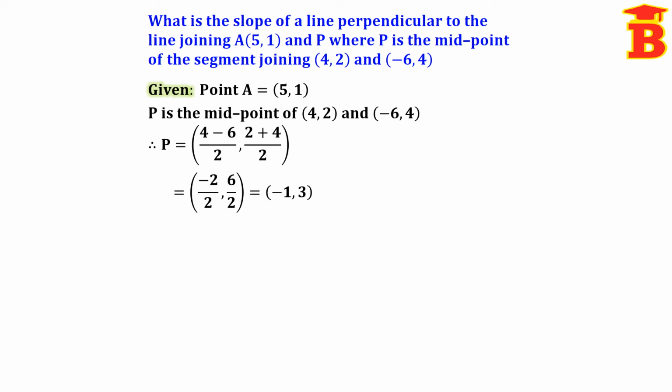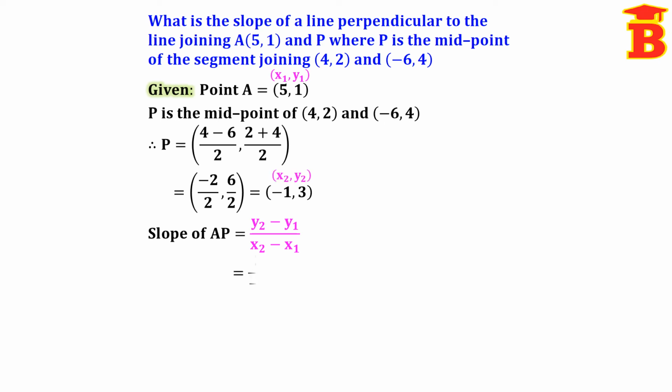Now the question is we have to find the slope. Slope formula y2 minus y1 divided by x2 minus x1. Slope of AP. So the first point A, second point P. Take the first point x1 y1 and the second point x2 y2.